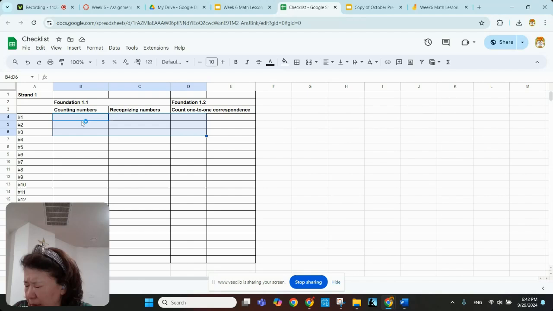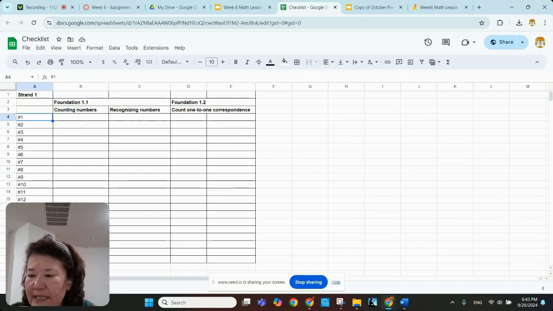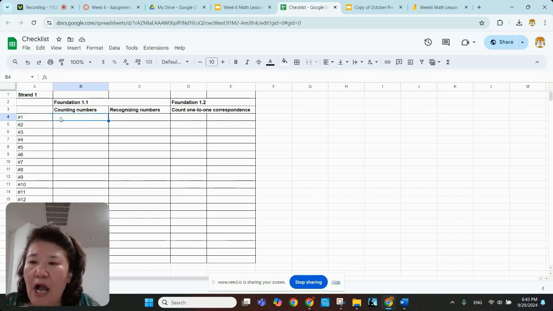So, counting numbers and recognizing. From 1 to 20, my kids have 20 numbers. Every student has their own number, and then I will check how many they can count.